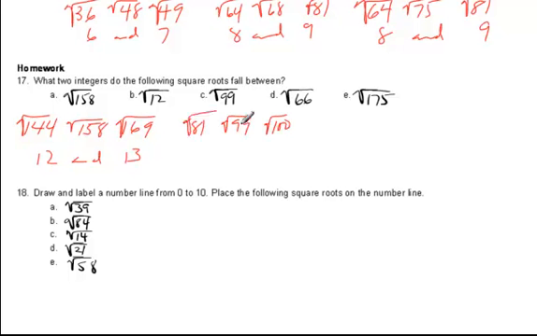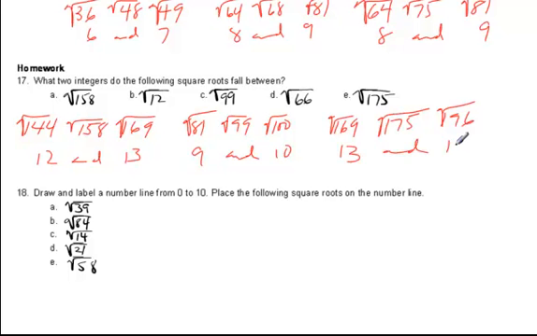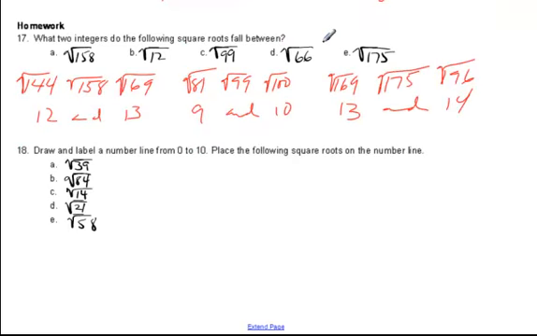So the square root of 99 is between 9 and 10. Okay, square root of 175. 169 and 196. That's why we memorize those perfect squares. So the square root of 175 is between? 13 and 14. Excellent.